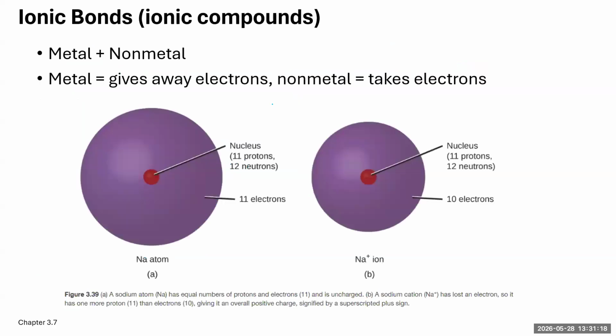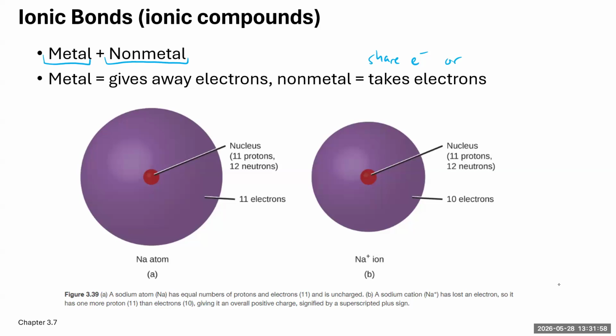All right. So ionic bonds, when things bond together, make ionic compounds. And this happens between a metal and a non-metal. The metal gives up electrons. That's what makes something a metal, if an element gives away electrons. Everything that's non-metal will either share or take electrons.